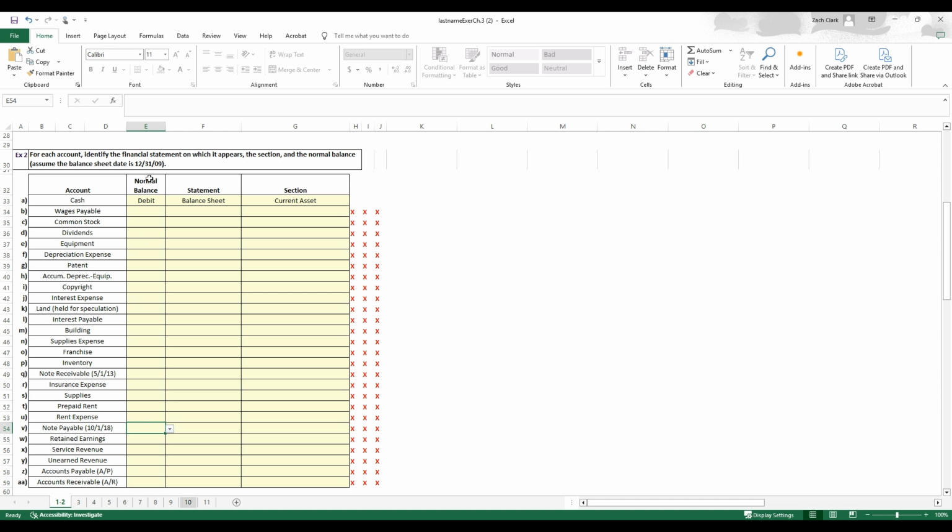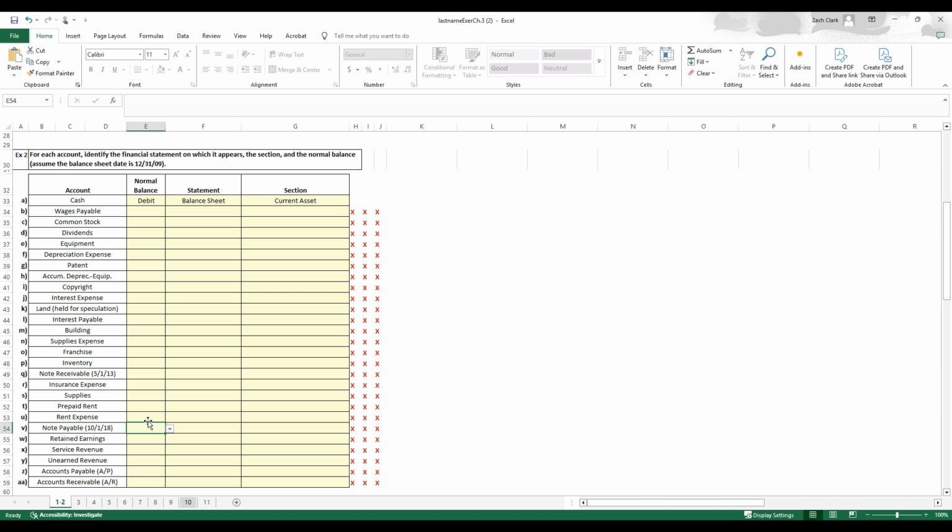If something is due within 12 months of the date of the balance sheet we're looking at, so anytime the portion of a payment or the full payment for this note payable was due in 2010, for example, and it says 12/31/2009, so if it was due within the 12 months subsequent to the balance sheet date, then it's going to be a current liability.